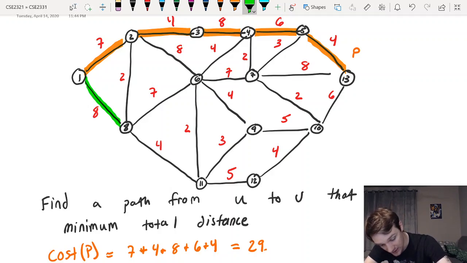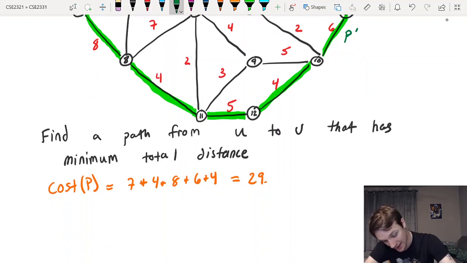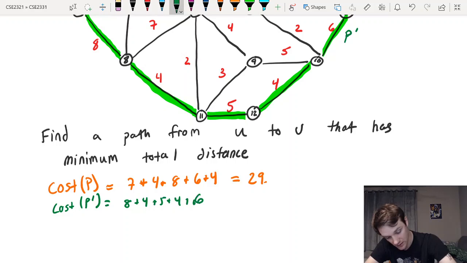The green path here, P prime, the cost of that is 8 plus 4 plus 5 plus 4 plus 6. That gives us 12, plus 9 is 21, plus 6 is 27.